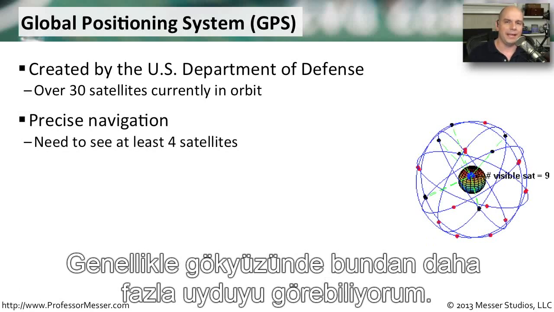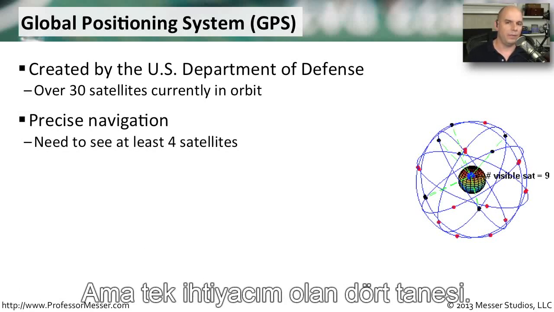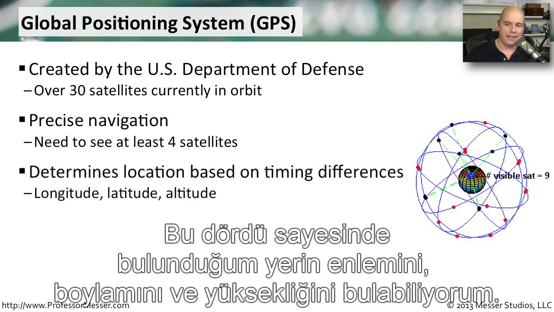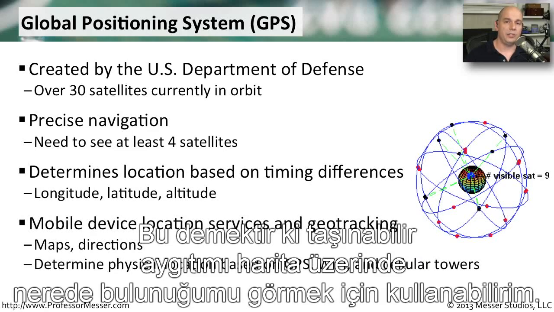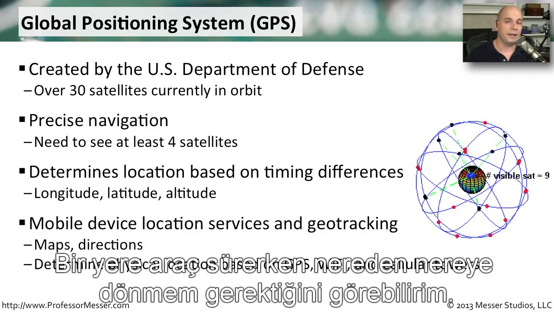Usually I'm able to see a lot more satellites than that in the sky, but all I need is 4 of them. And with those 4, I can see the longitude, the latitude, and the altitude of where I happen to be. And it's all based on the differences in timing that I'm receiving from those signals where the satellites happen to be. This means that I can use my mobile device to determine where I happen to be on the map. I can do turn-by-turn directions if I happen to be driving somewhere.